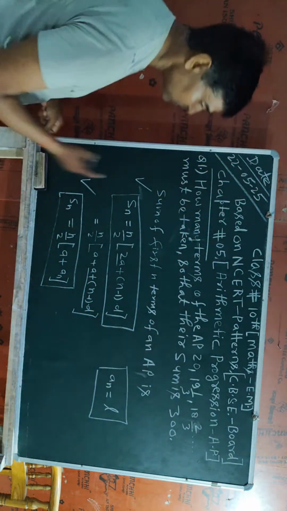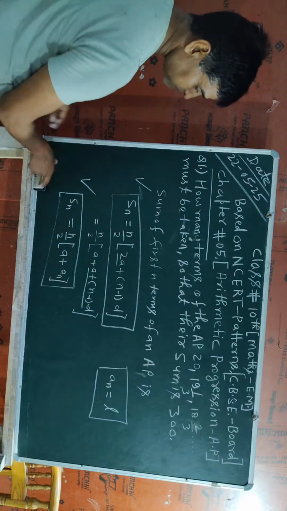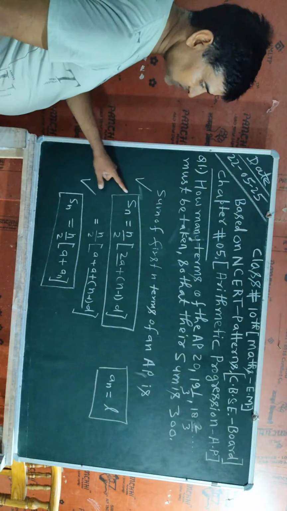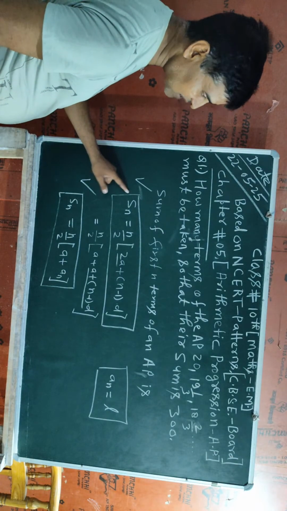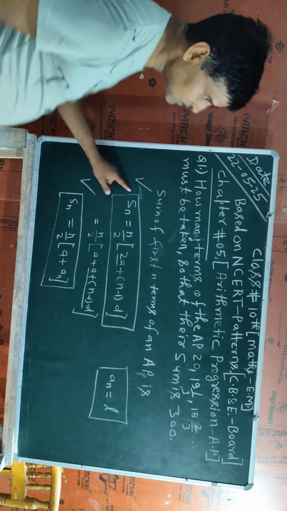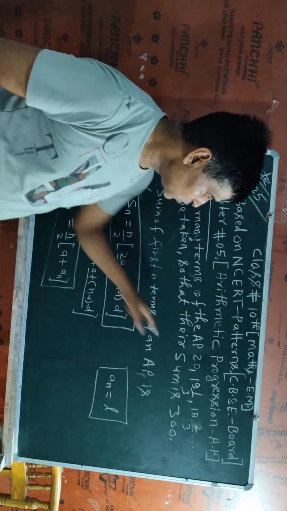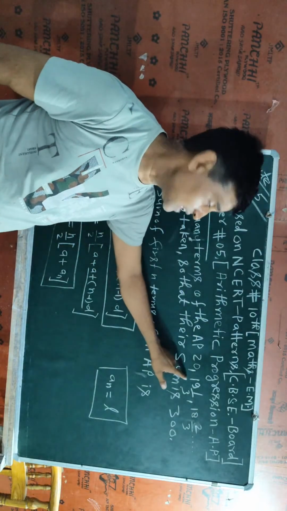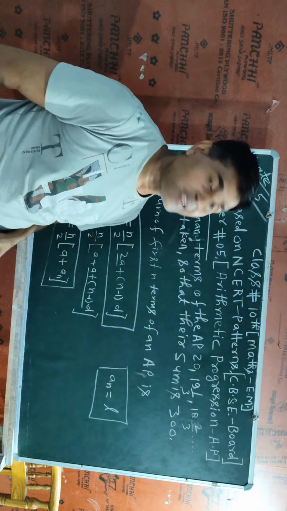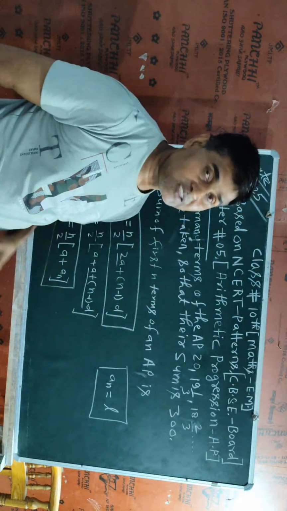So, okay, student. Now further I will apply formula number one. From the given sequence, the first term is a, and the common difference is obtained by subtracting the first term from the second term.